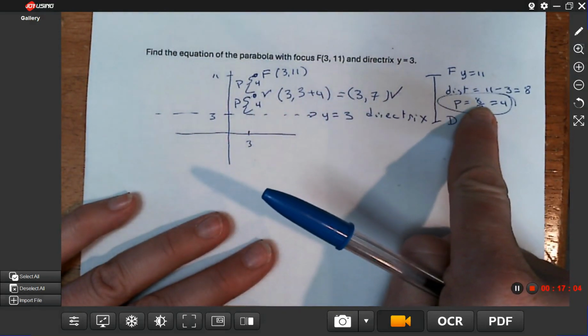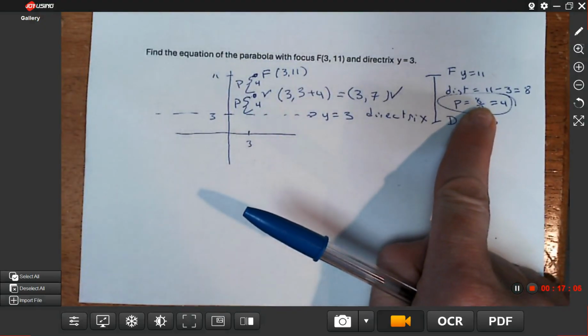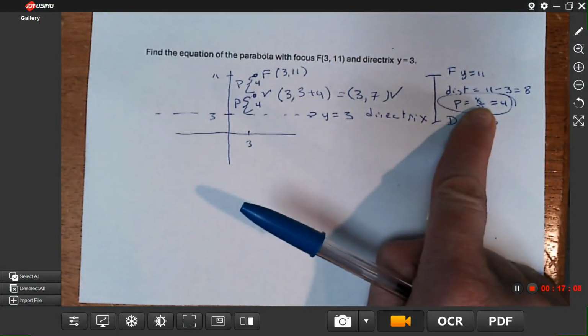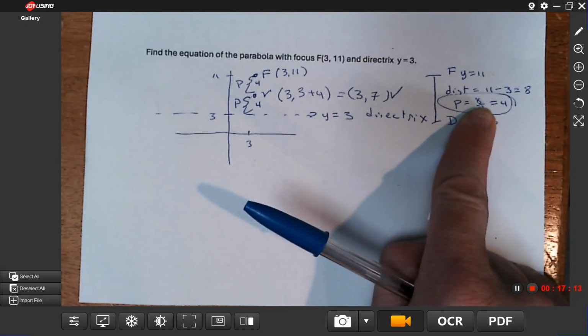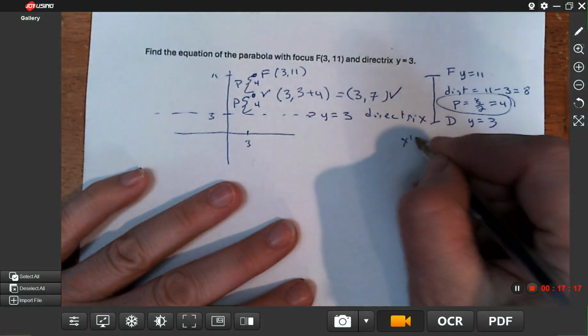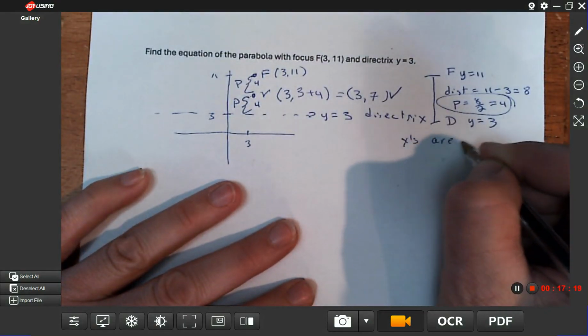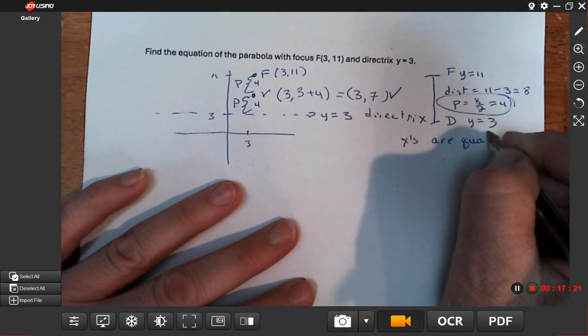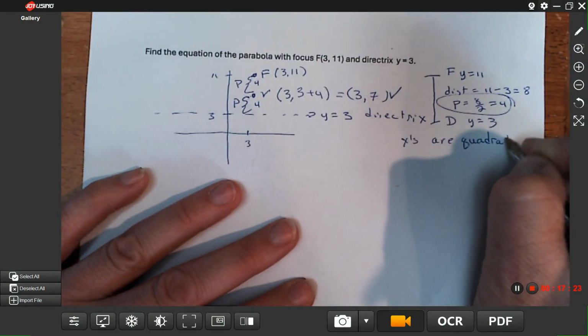So we have the vertex and we have p, and we know that it opens vertically. So when an equation opens vertically, the x's are quadratic. That's important.